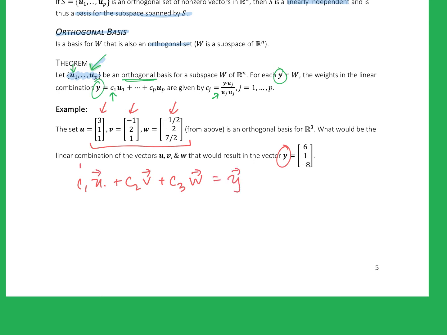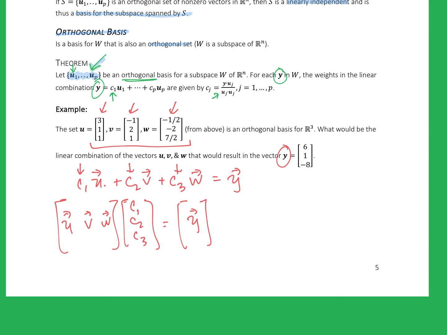Which means we could treat C1, C2, C3 as our constants, and this would be the matrix made up of U, V, and W, and that would give us our y vector. So we'd put those vectors in a matrix, augment it with our y matrix, do a bunch of row operations, and that would give us C1, C2, and C3, which is great if my vectors are not orthogonal to each other.